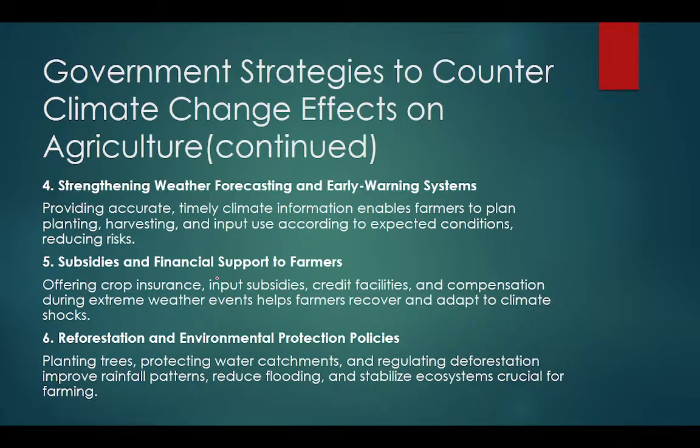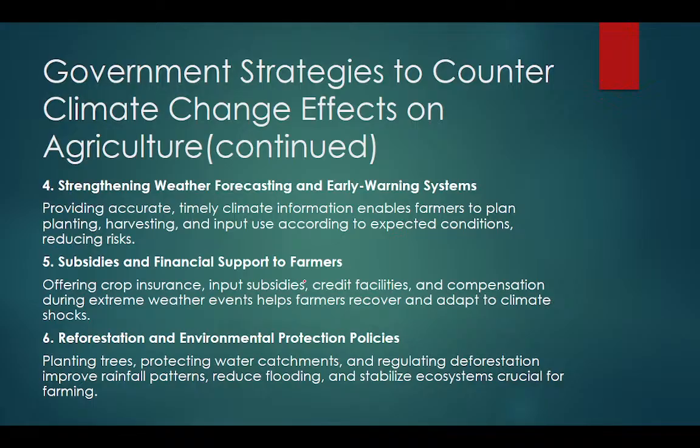Fifth is subsidies and financial support to farmers. Offering crop insurance, input subsidies, credit facilities, and compensation during extreme weather events helps farmers recover and adapt to climate shocks.